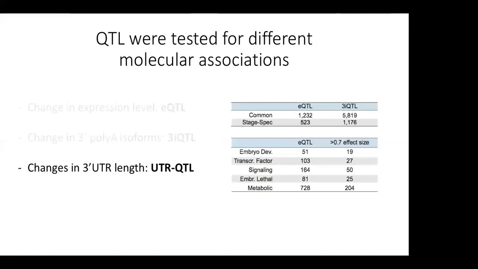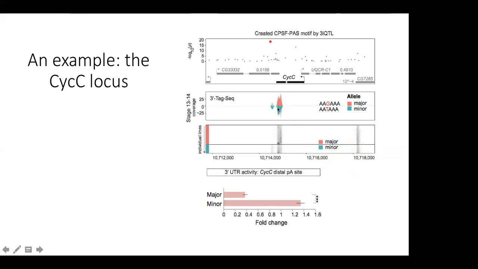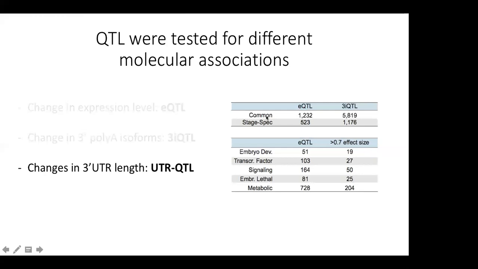Another thing that we did, thanks to the 3' Tag-Seq that allows us to do it, was to look for eQTLs that change the length of the 3' UTR. Because you can see, like in this case, you have an extension of the 3' end when you create these polyadenylation sites. So we started to do this genome-wide, and we identified around 300 of these 3' UTR QTLs.